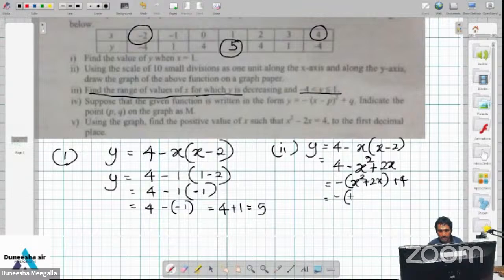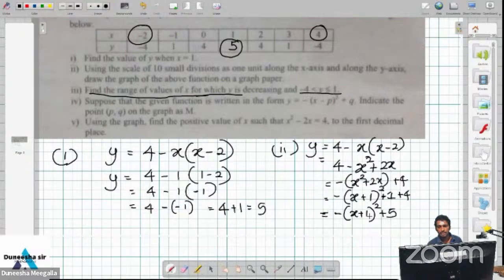Then minus x plus 1 square minus 1 plus 4. Minus x plus 1 square equal minus x plus 5.